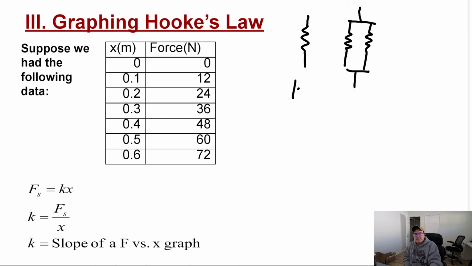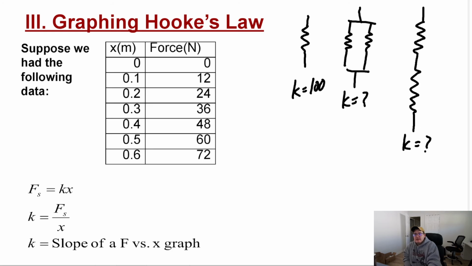What does that do to my K value? So let's say K value by itself is 100. What would my K value be if I put them in parallel? And what would it be if I put it in series? How would that affect my effective spring constant?